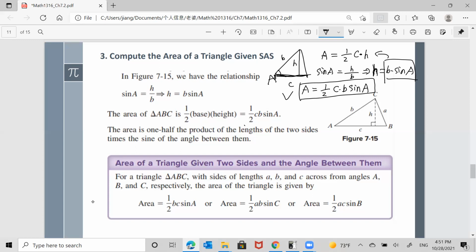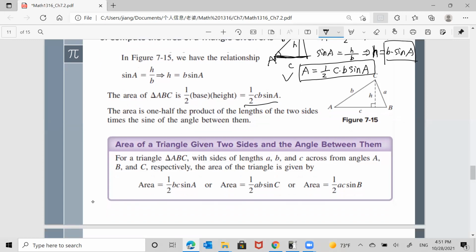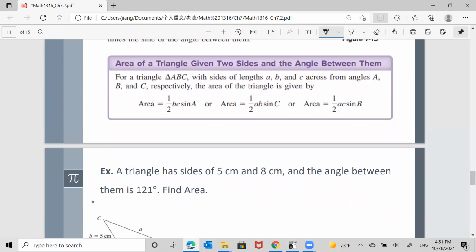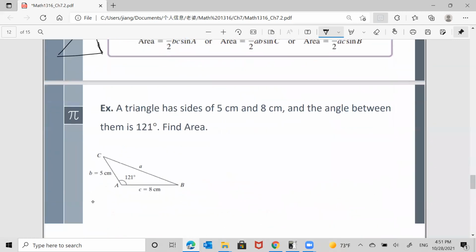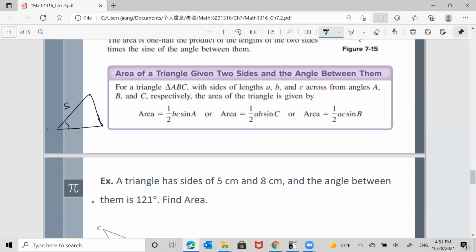Okay, if I have the given information side, angle, side, maybe this side length is another letter, for example, L or N, it doesn't matter.